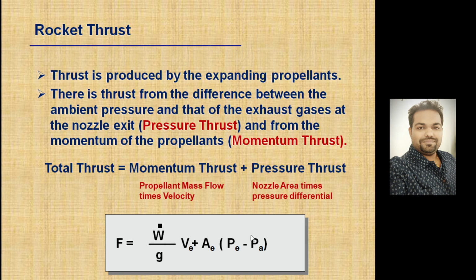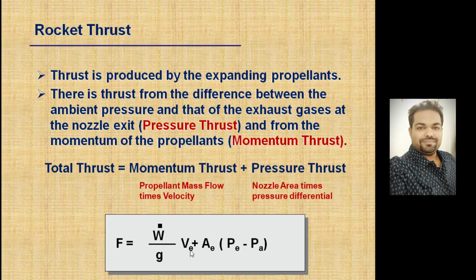Jet thrust is basically generated from the hot gases, and pressure thrust is basically generated from the cold flow. If we look at the equation, momentum thrust, or jet thrust, is nothing but the mass flow rate of the propellant, which is the weight flow rate divided by g, times the jet velocity, Vj. There is no initial velocity of the rocket.